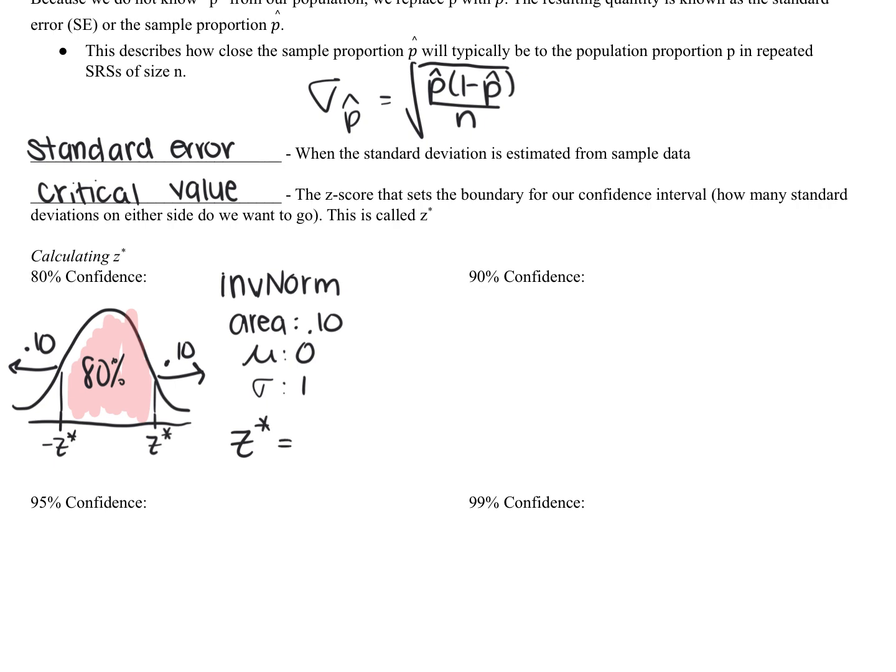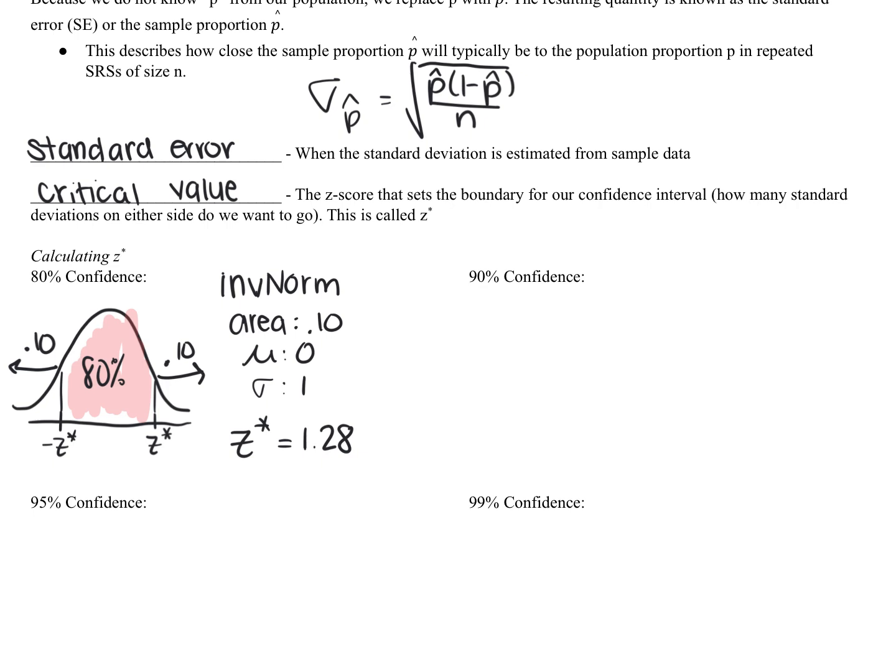And then when we get to our confidence interval formula, we'll see how the negative comes back into play. So we're going to get 1.28.